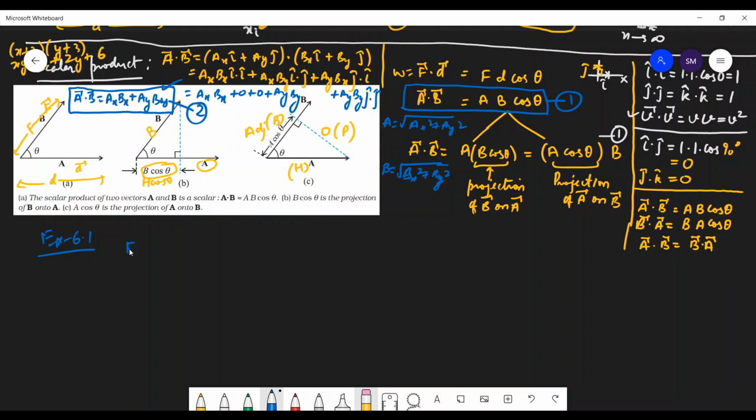So to find out theta, you have only one formula from where you get theta. This is that formula. So you need to definitely use this formula. So F dot D is equal to F D, so magnitude of F into magnitude of D into cosine of the angle between them.